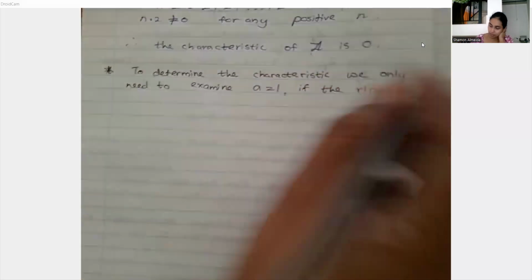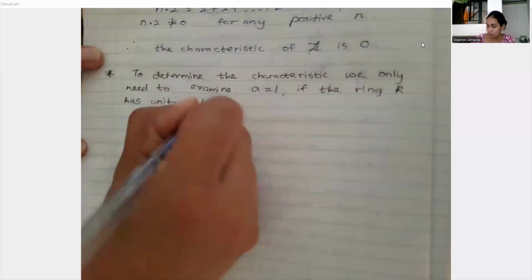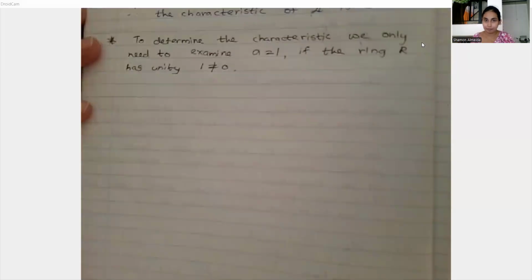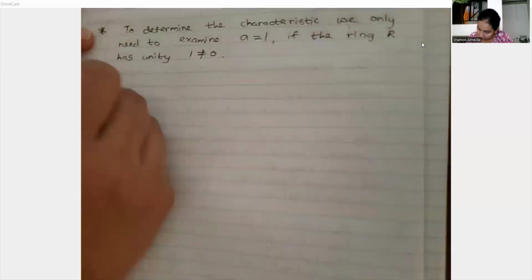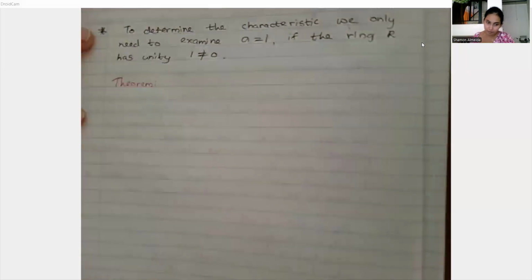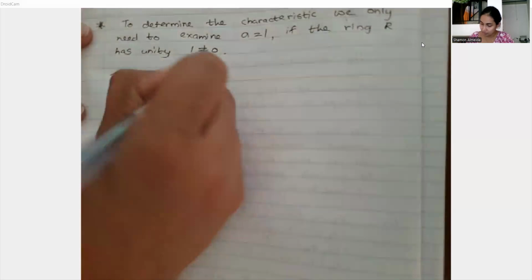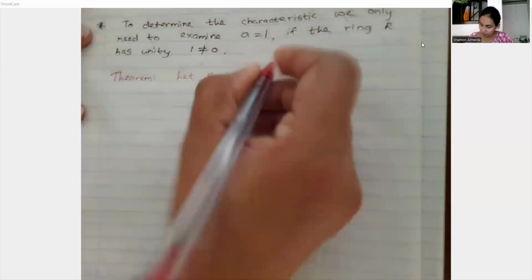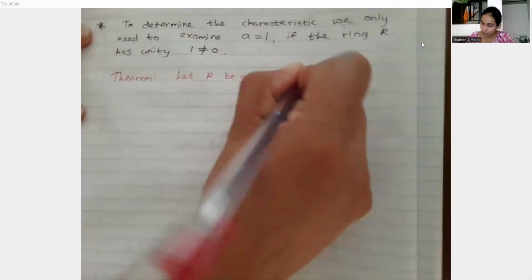If the ring R has unity 1, which is different from 0. Okay. We have given this as a theorem. Let R be a ring with unity.